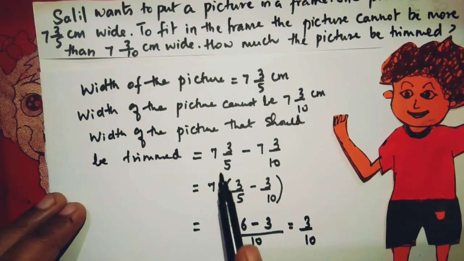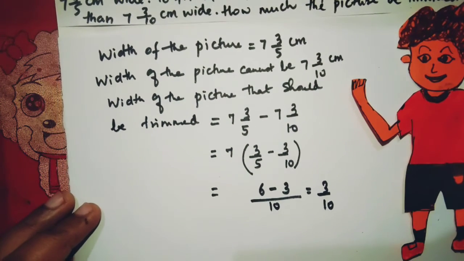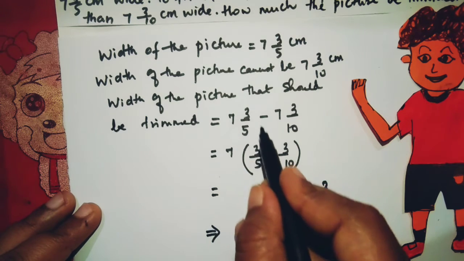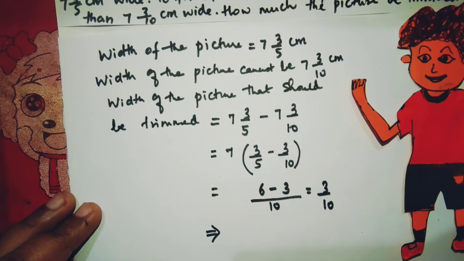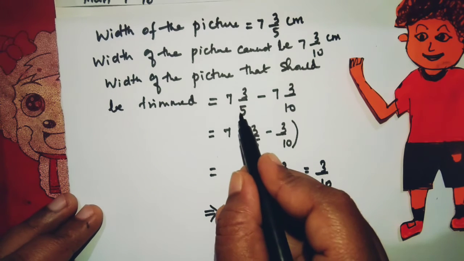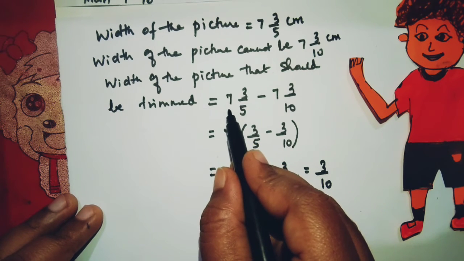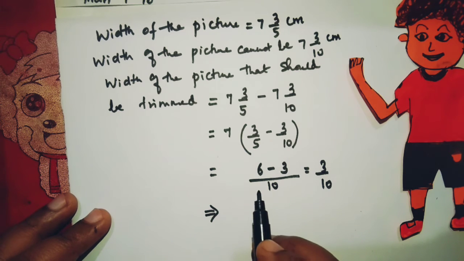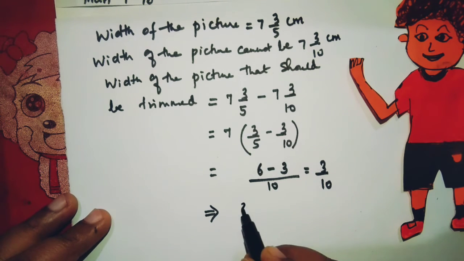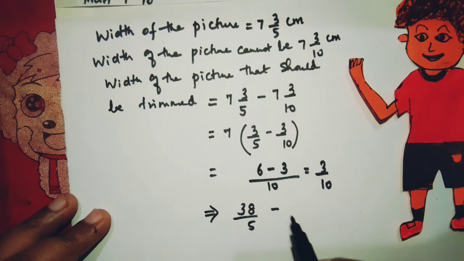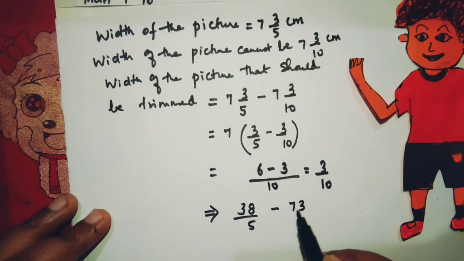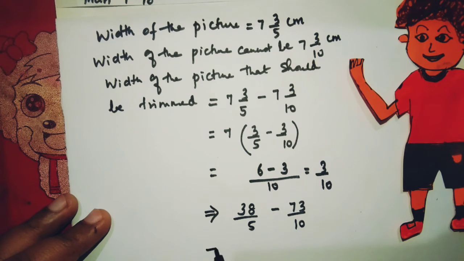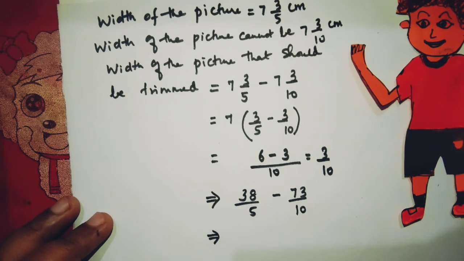If you want, I will just show you even in the other fraction. So now you can write this as a mixed fraction. When the mixed fraction is given, you have to write it as an improper fraction. So this will be 7 5s are 35, so it will be 38/5 minus 73/10.